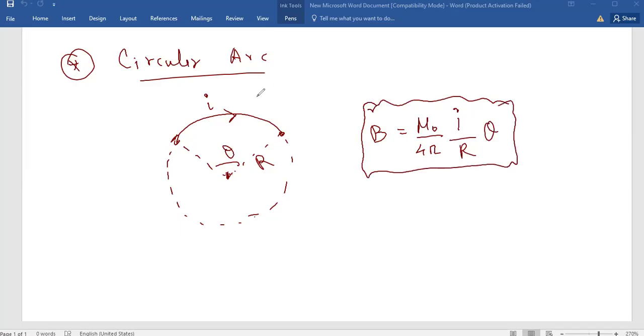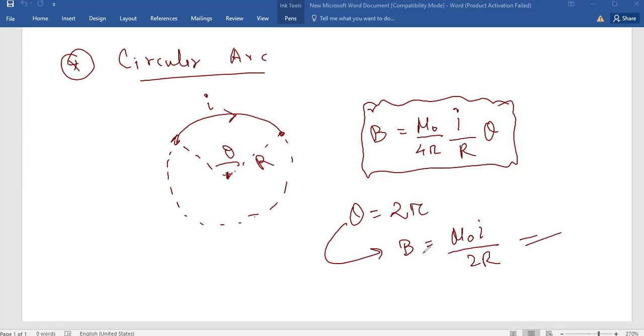It is the magnetic field due to a circular arc, not due to a circle. If you complete the circle, your theta will become simply 2 pi. So in that case, magnetic field will become mu naught I by 2R. That we already know is the formula. Is it clear? Yes, sir.